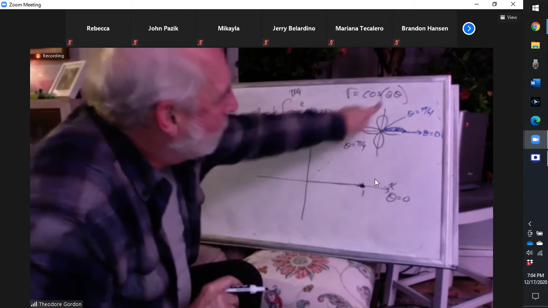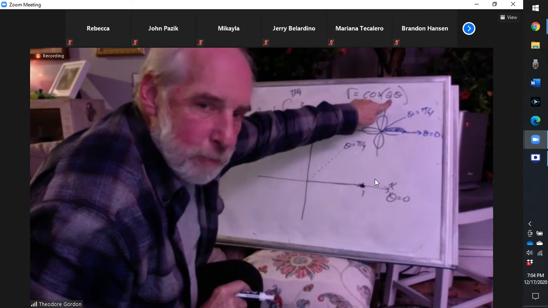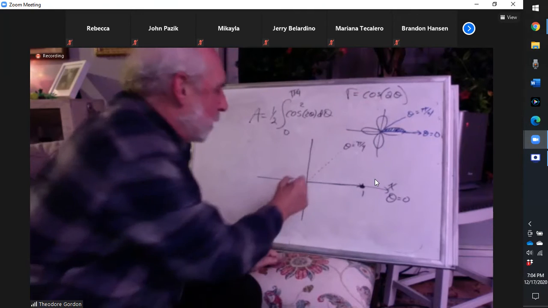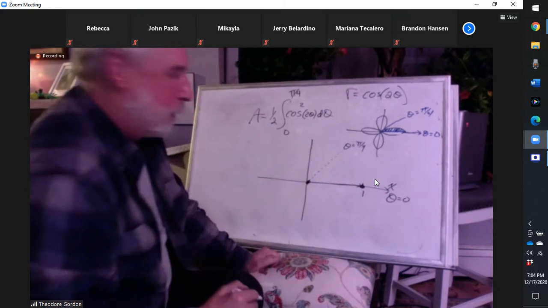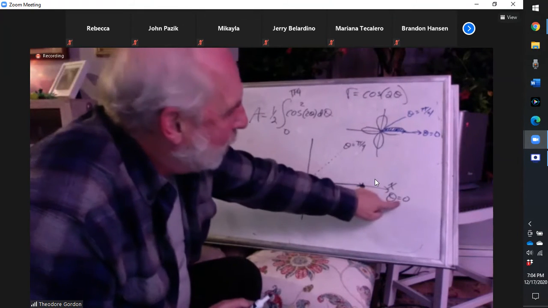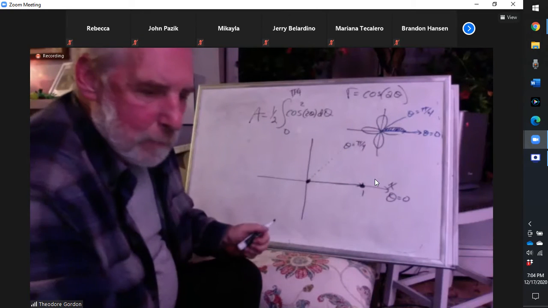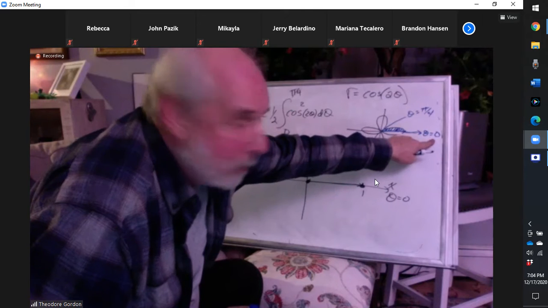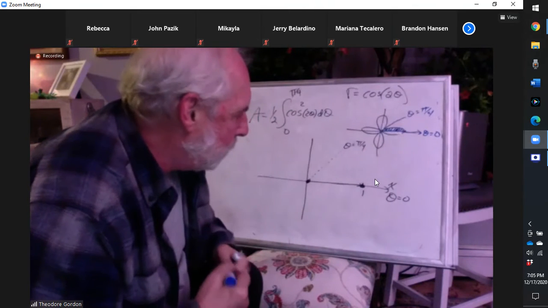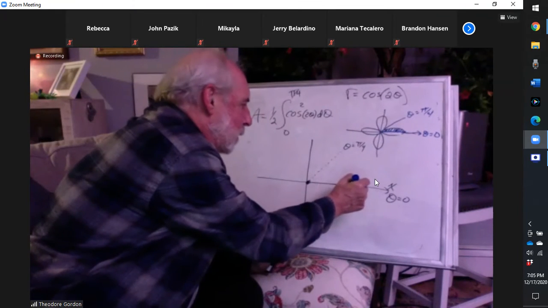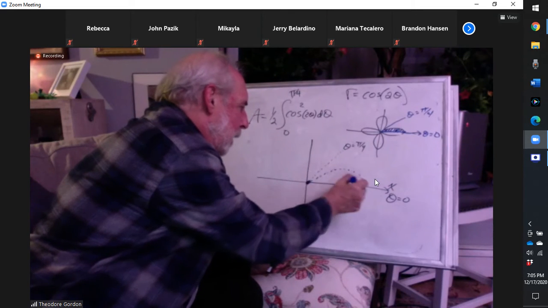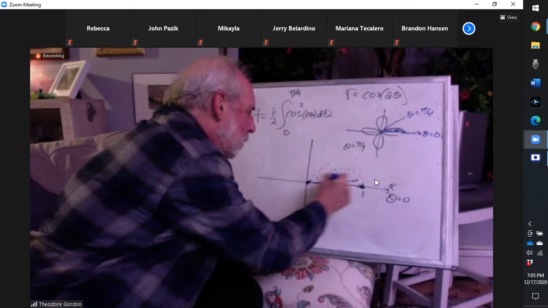So at pi over 4, 2 times pi over 4 is pi over 2, and the cosine of pi over 2 is 0, so that puts me here. So between 0 and pi over 4, if we start plugging in all of the angles from 0 to pi over 4, these are going to be our r values. You'll get all of these over here.